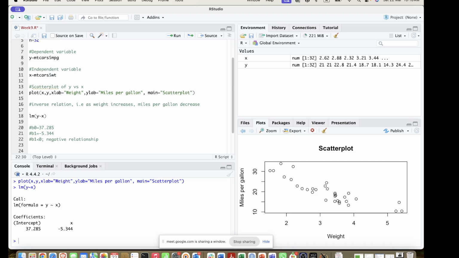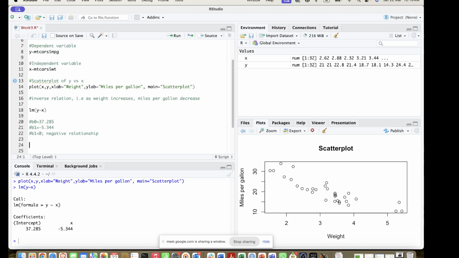All right. Now, if this is how my model is fit, then how do I interpret these things?